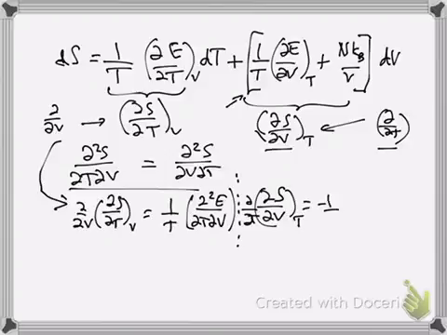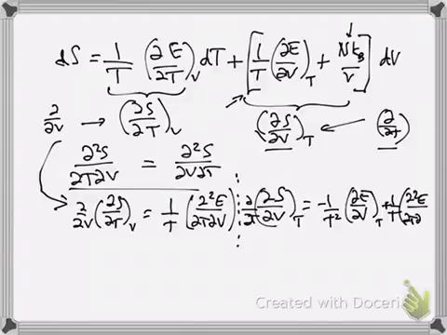I'm going to have minus 1 over t squared, partial E, partial V, constant t. This does not depend on temperature, so it's going to go away. And then I'm going to have plus 1 over t, second derivative of E with respect to t and v, right? So that is the same as that. And this part, for the partial derivatives to be equal, has to go to 0.